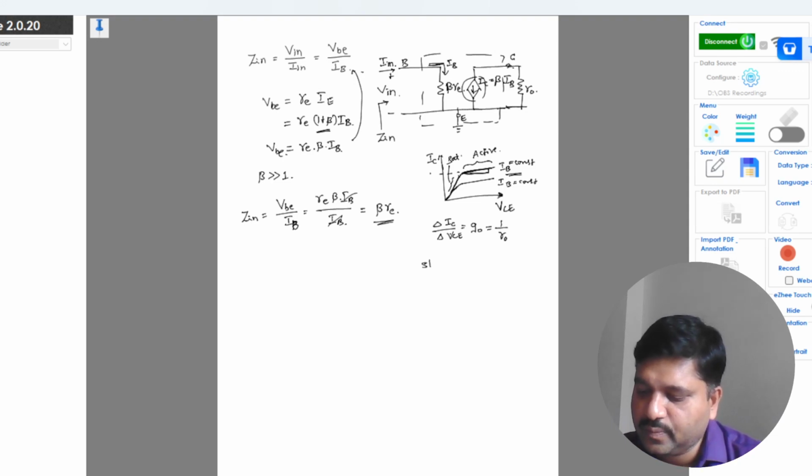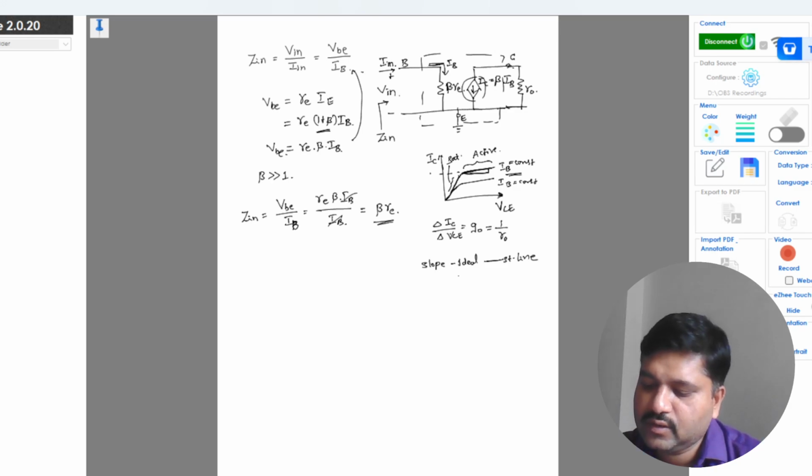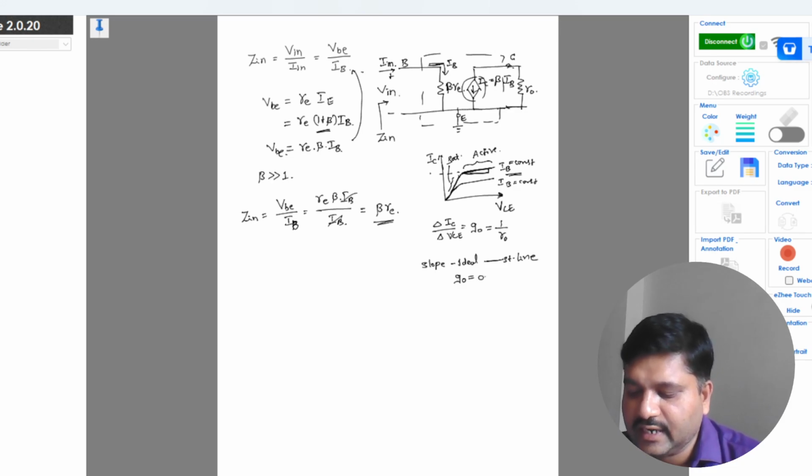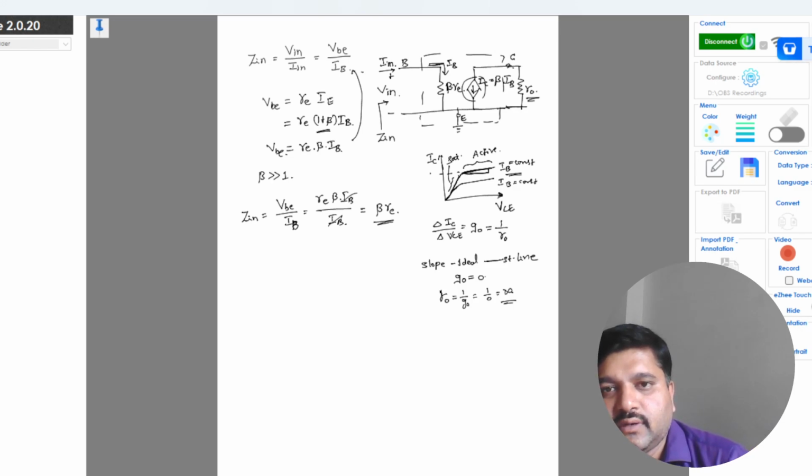So the slope, if it is ideal, will be a straight line. So the slope G0 will be equal to 0, and the inverse of slope, which is R0, 1 upon G0, will be 1 upon 0, which will be infinite. That will be large, which we are representing as the output resistance of the constant current source.